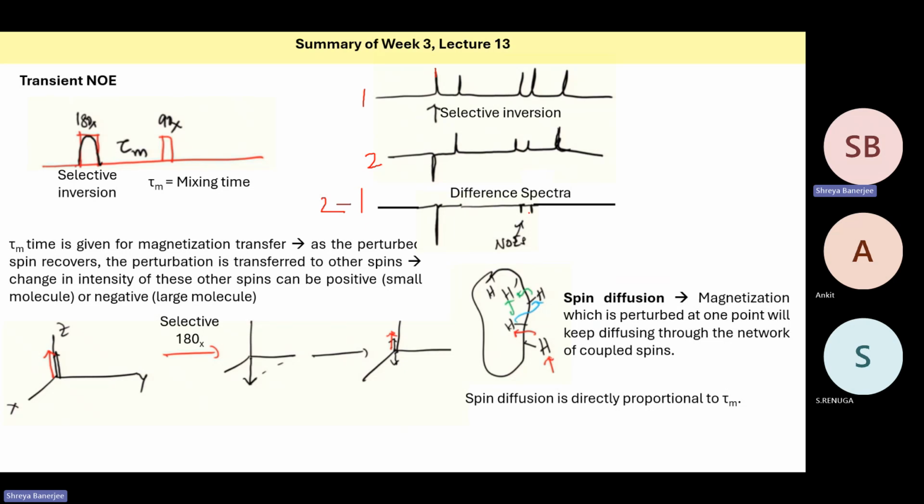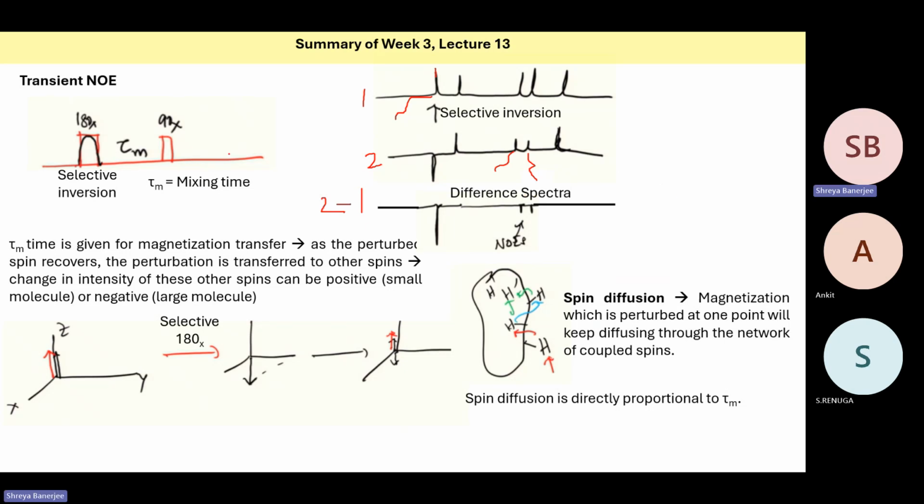And the other signals, because you're perturbing this signal and the perturbation is getting transferred to other signals, their intensity can increase or decrease. So the difference spectrum will basically show those peaks where the perturbation is getting transferred.